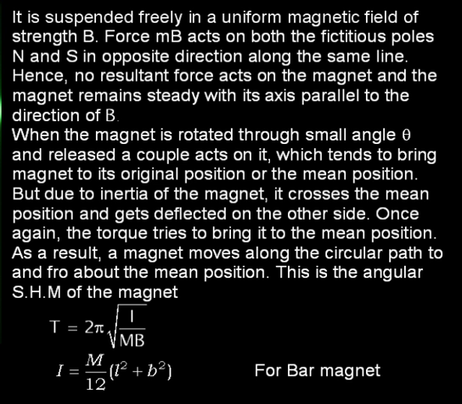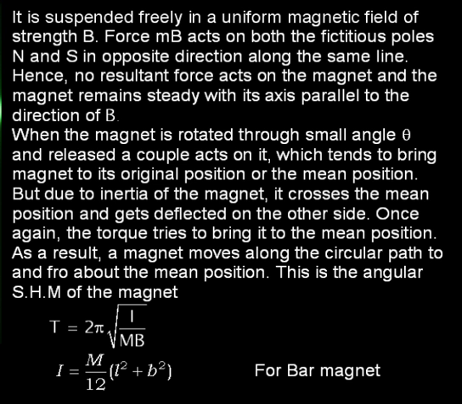The period of this SHM can be calculated with the formula T is equal to 2 pi under root I upon MB, where I is the moment of inertia of the magnet, capital M is the magnetic dipole moment of the magnet, which is 2mL, and B is the magnetic induction.